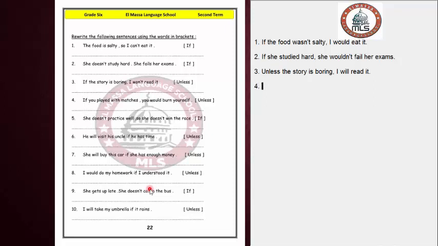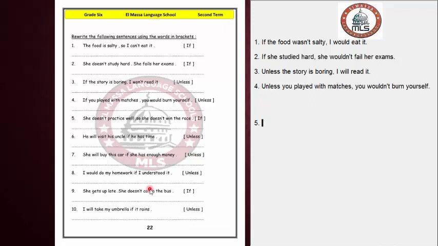So, delete if, use unless: unless you played with matches, instead of would, we use wouldn't. You wouldn't burn yourself. Okay.